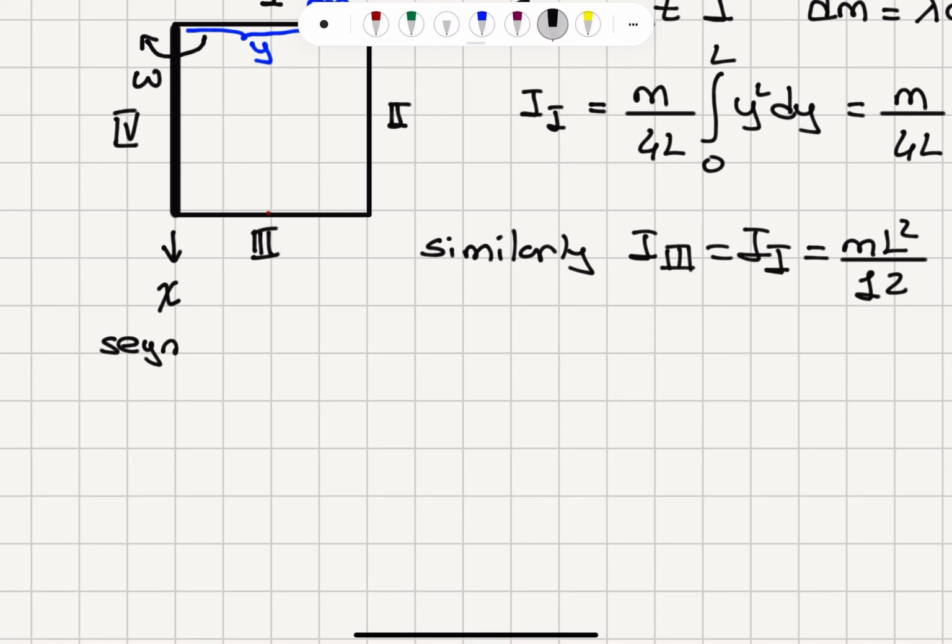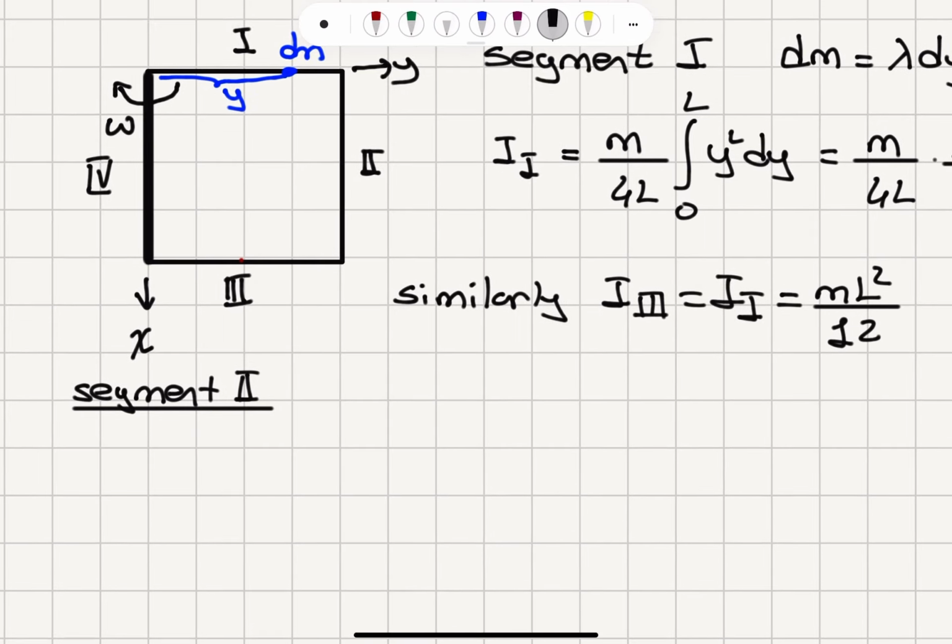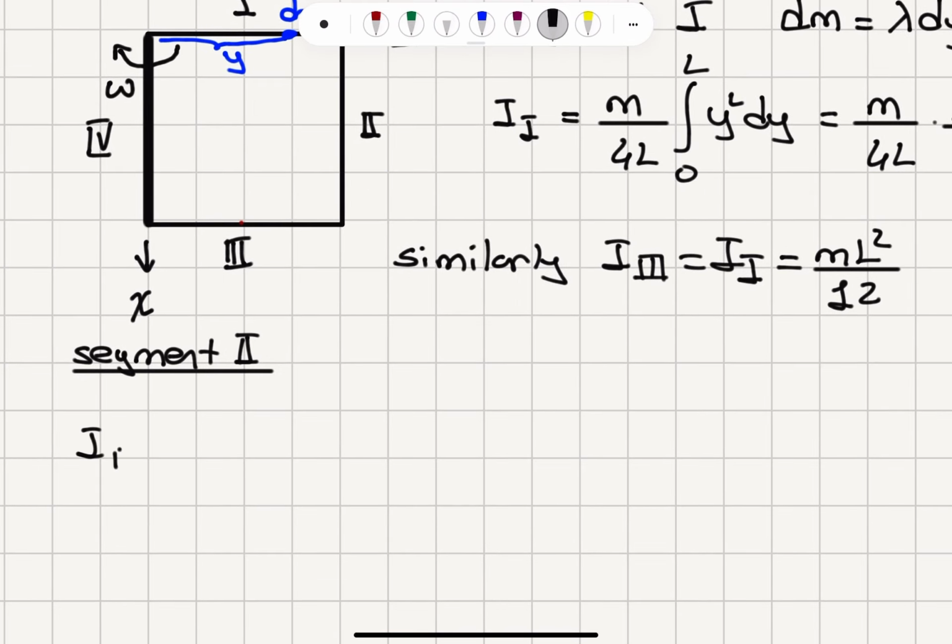For segment 2, we have a constant distance, that's basically L. So the moment of inertia for segment 2 is very easy. It is its mass, m over 4, multiplied by distance squared, L squared, which is 3mL squared divided by 12.